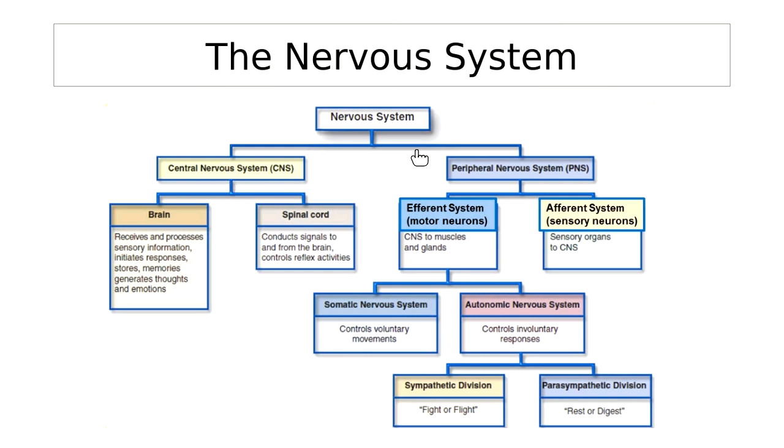The peripheral nervous system ties receptors and effectors to the central nervous system. Receptors, like for pain, pressure, temperature, and effectors like a muscle or a gland. It can be divided into the afferent system and the efferent system.